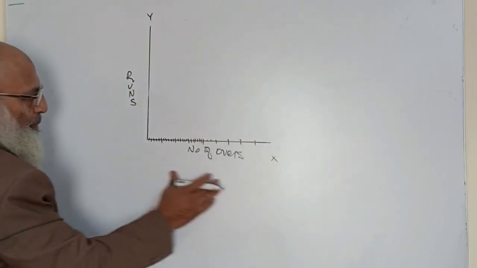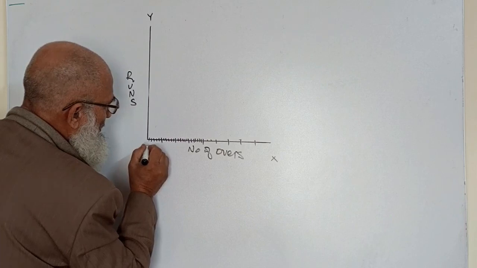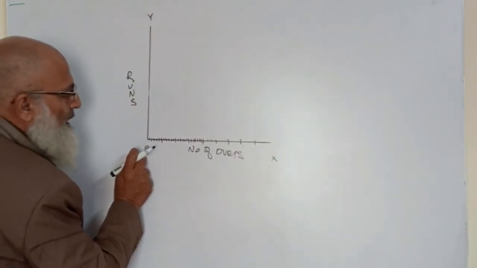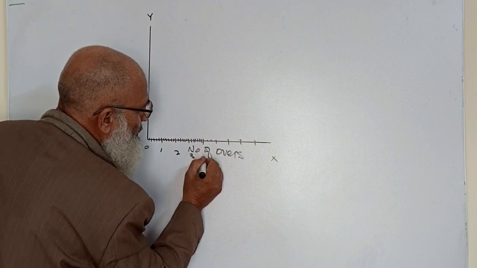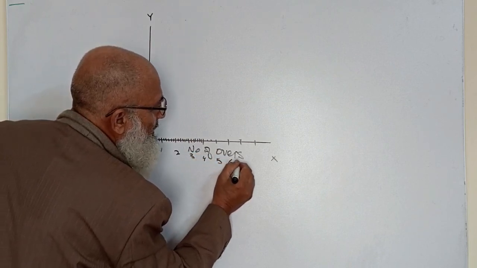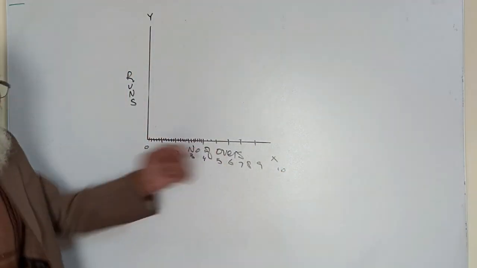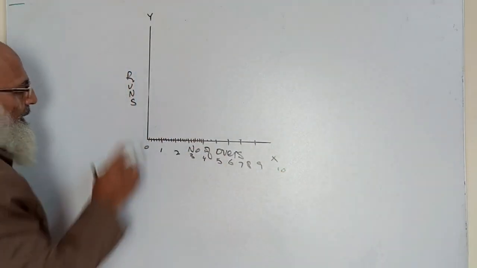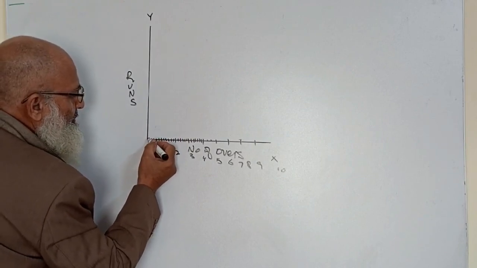Now, a team. These both are starting from point 0. 1, 2, 3, 4, 5, 6, 7, 8, 9, and 10. Suppose there are 10 overs, and the runs are, say, like this.